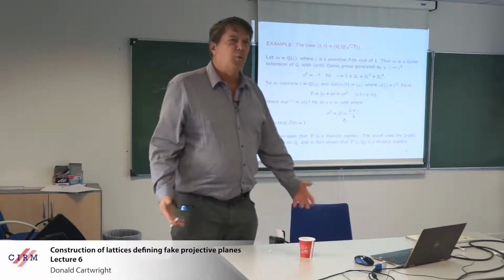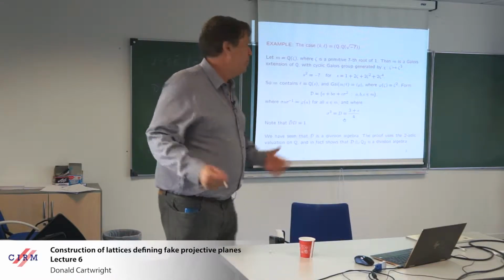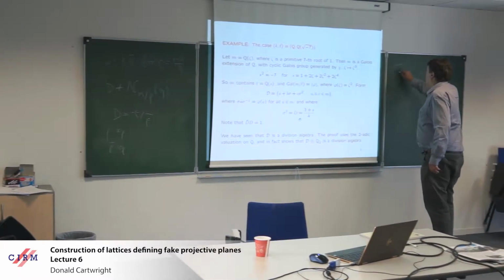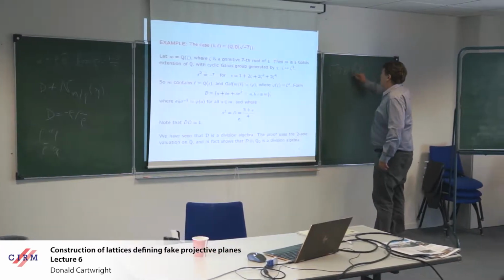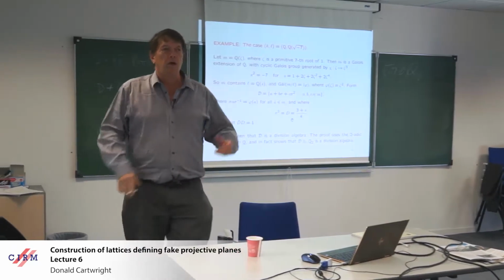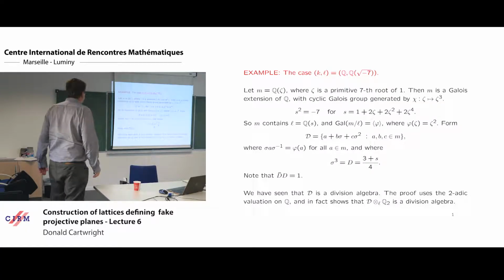Okay, so that's one way of seeing that 2 splits. Another way is to observe that the 2-adics contain a square root of -7. So there are various ways of doing these things. In any case, D is a division algebra.